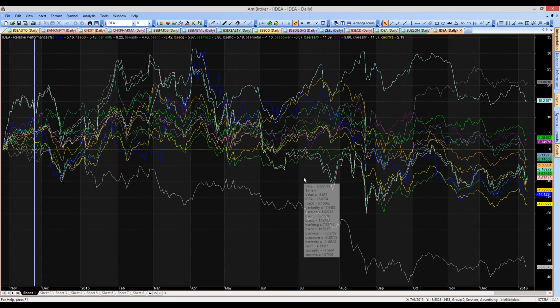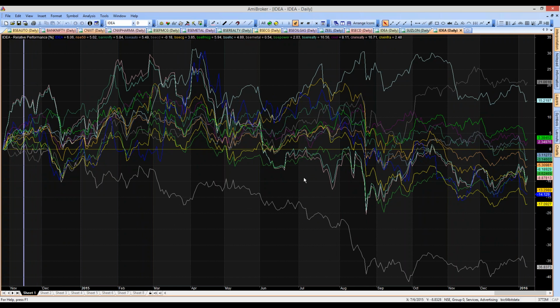I am taking this line to the left extreme. And if you look at the date x-axis right at the bottom, you will see that we are probably looking at maybe 25th of November 2014, right?